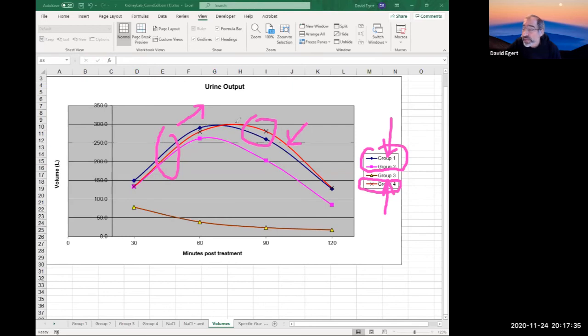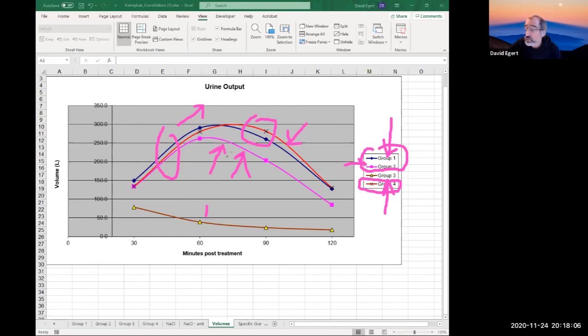I would say, in my mind, it's hard to know whether these are different because of a real reason or just because they're always going to be a little different if you get a bunch of people and let them pee in a thing. Group 2, on the other hand, while we do have a large volume compared to group 3, it is appreciably lower than the groups that did not take salt.